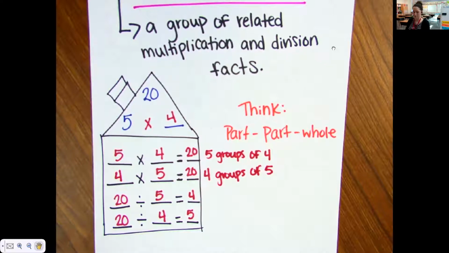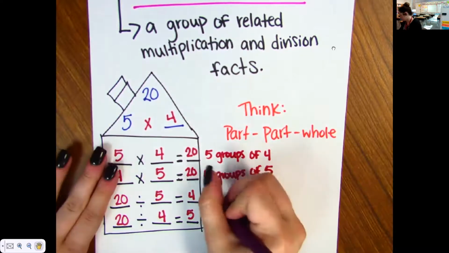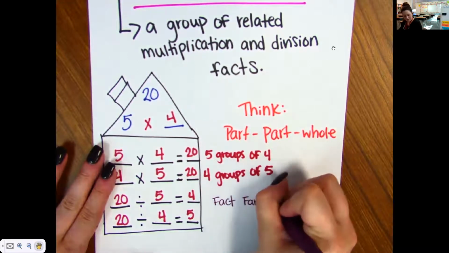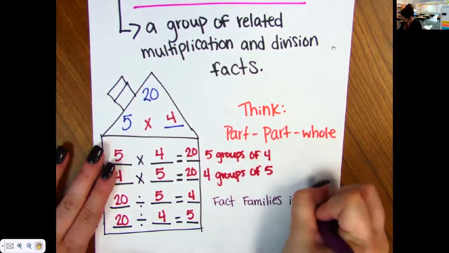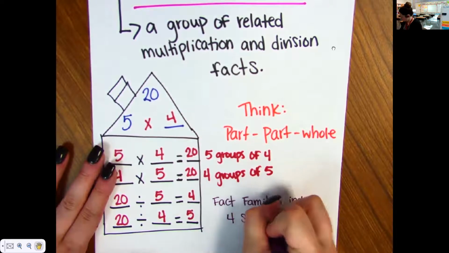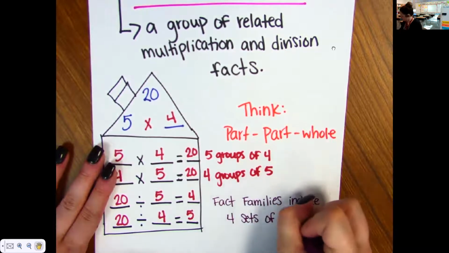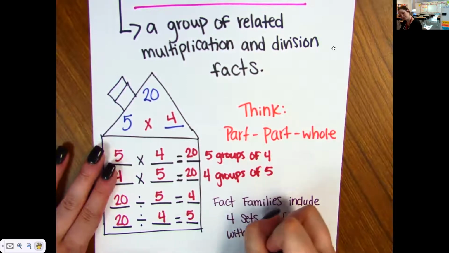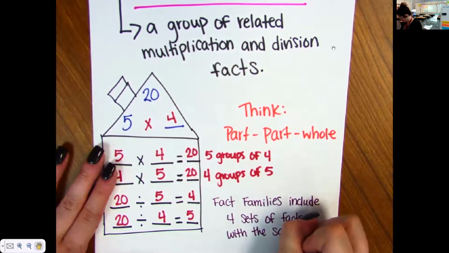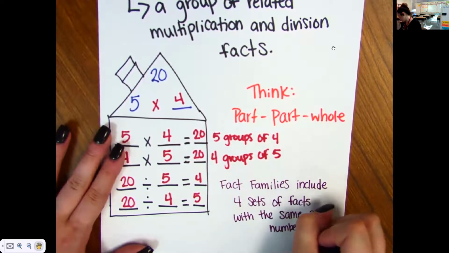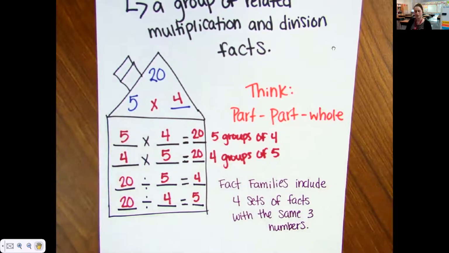So remember that fact families include 4 sets of facts with the same 3 numbers.